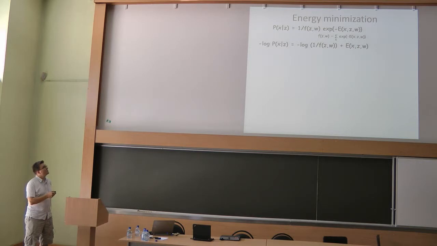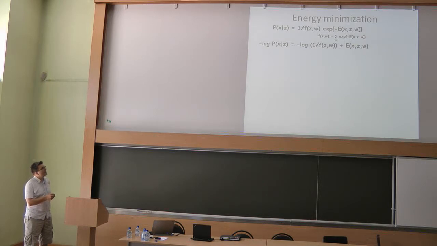So we can take the minus log of that probability, and if you just take the minus log of this whole thing here, it's minus log of this function here, plus the minus log of this, and the log and exponential cancel out, so minus is a plus, we just get this here.